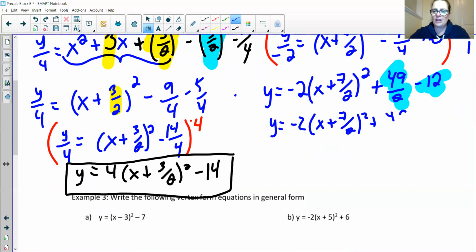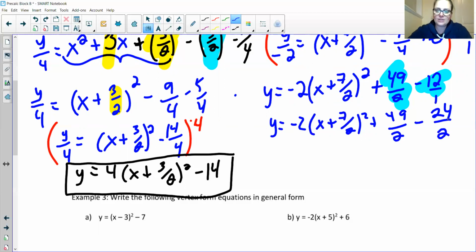I'm going to leave 49 over 2, but I need this 12 to be over 2 as well. So technically it was over 1. Multiplied the bottom by 2 to get to be over 2, which means I have to multiply the top by 2 as well. 24 divided by 2 is the same thing as 12. And negative 24 divided by 2 is the same thing as negative 12.